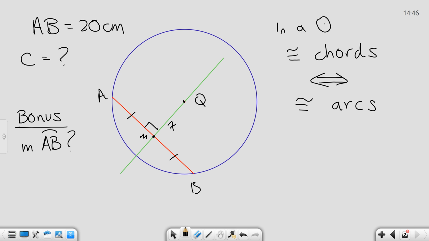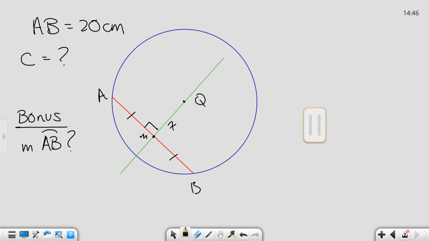We know all these side measures in that triangle. Then you would have to do sine of 90, but you can't do that.